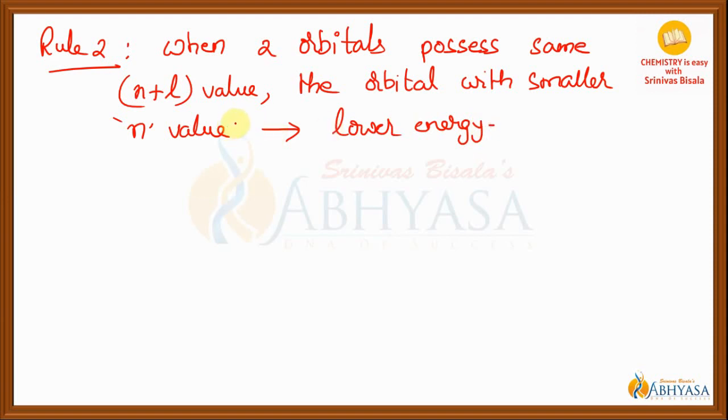So when two orbitals have the same n plus L value, the one which has the smaller n value has lower energy.